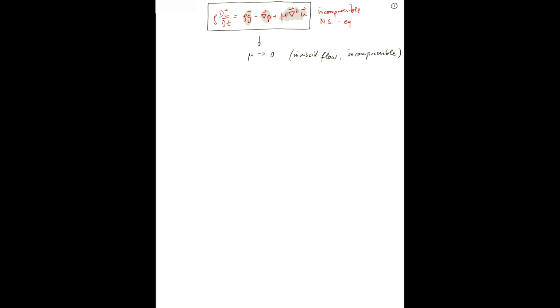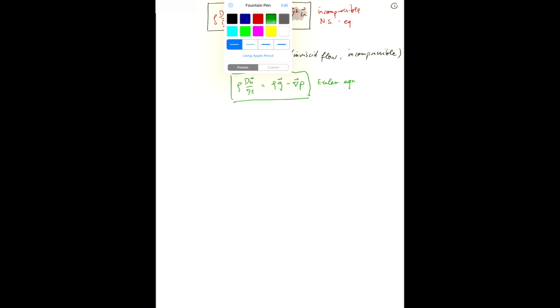And in that case, our equation reduces to the following form. And this is what's known as the Euler equation.